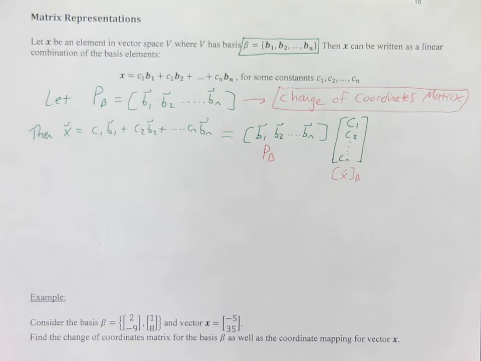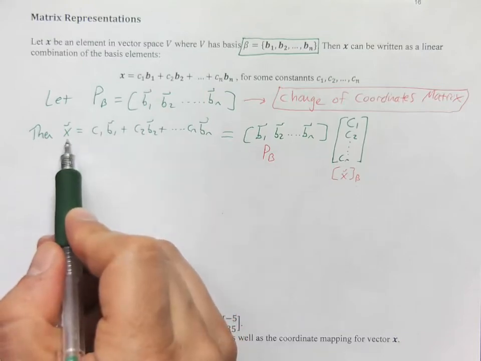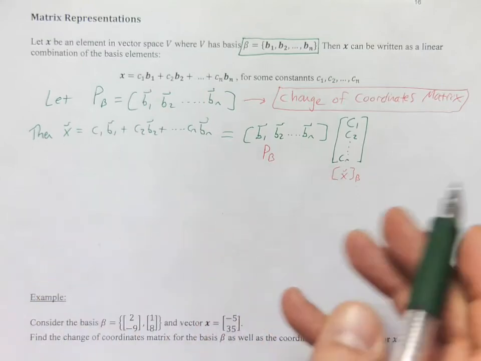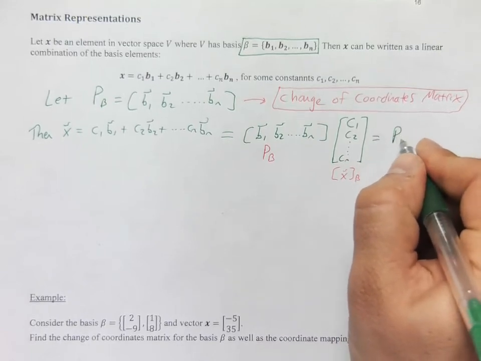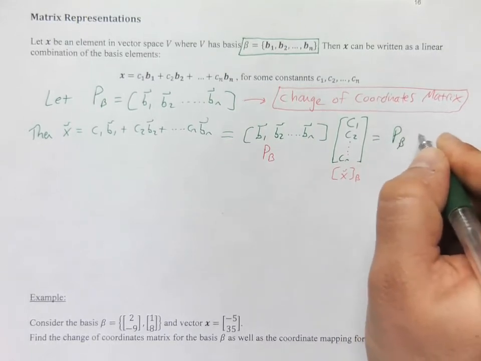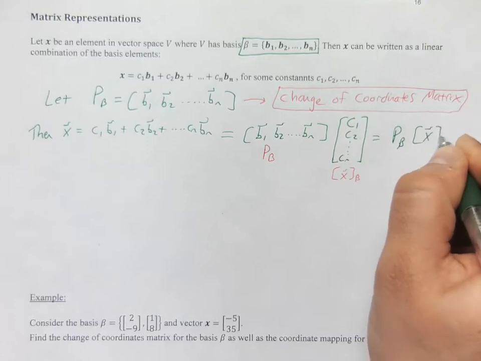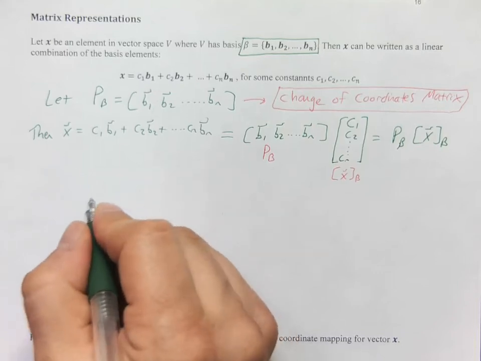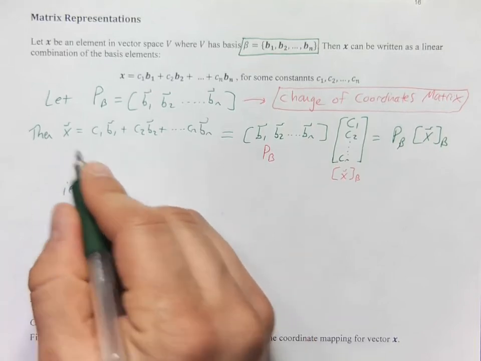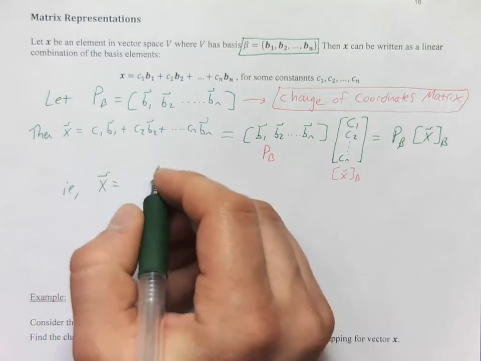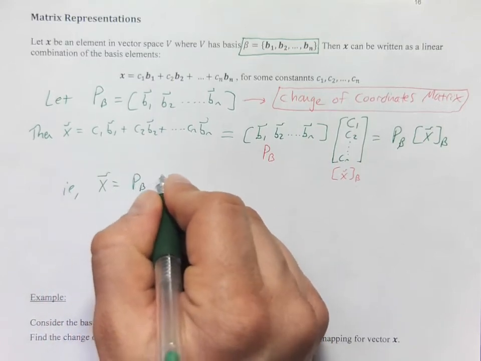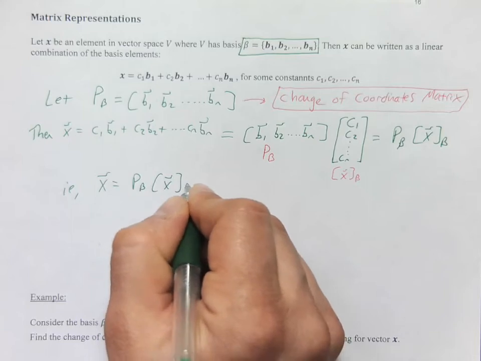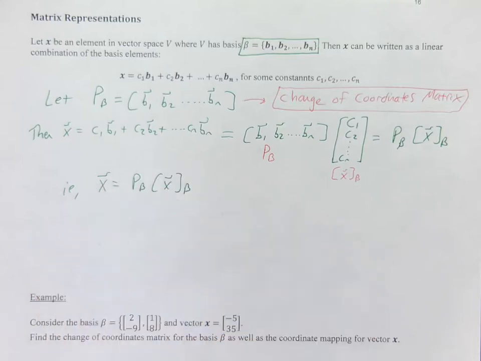And so really every X can be written as a matrix multiplication, which looks like P sub beta times that coordinate mapping. This is a matrix times a vector, i.e., the X we were originally looking at equals this. This is the whole point of what we're trying to say here.